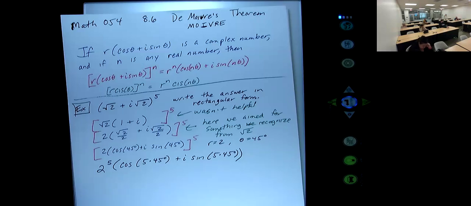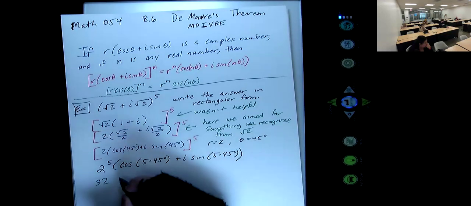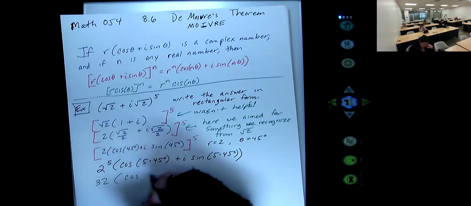So what is 2 to the 5th power? 2, 4, 8, 16, 32. 5 times 45 is 225.